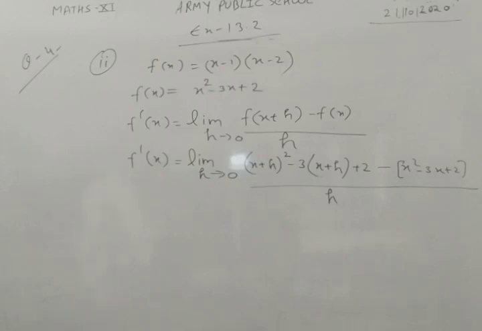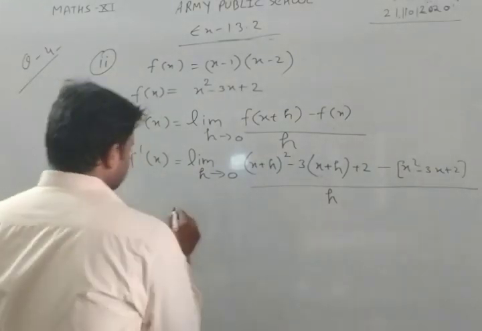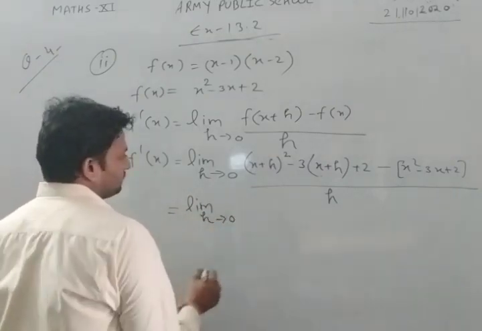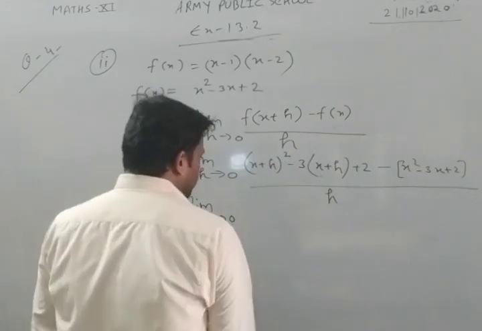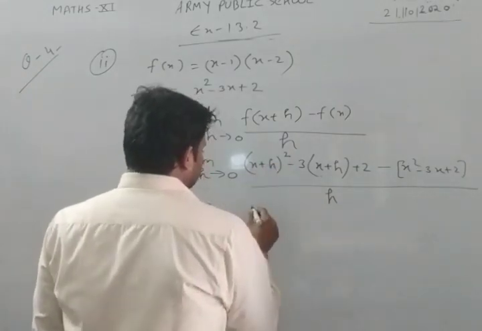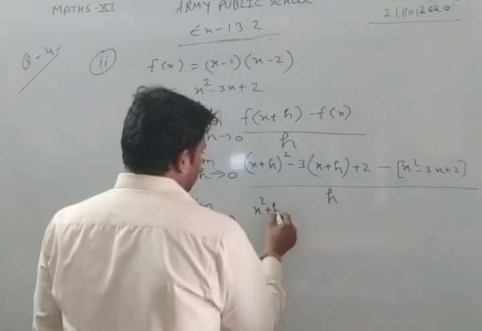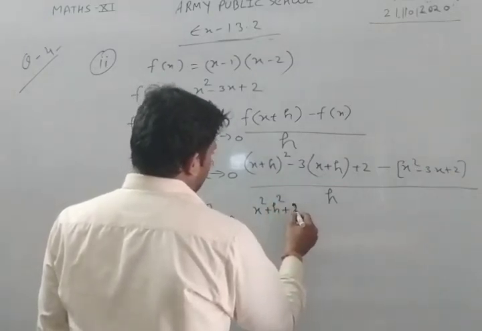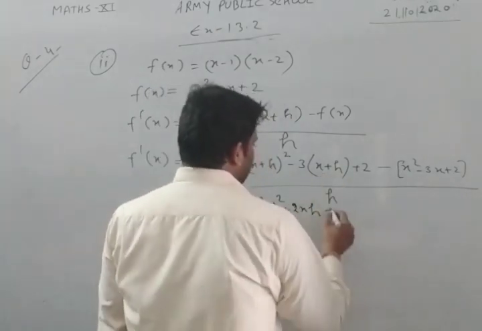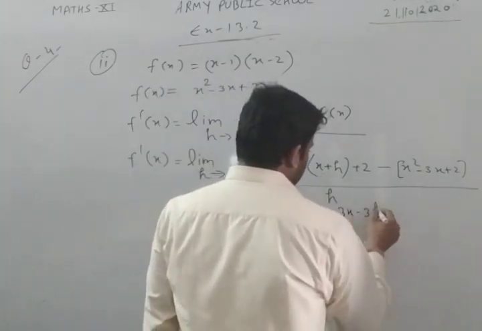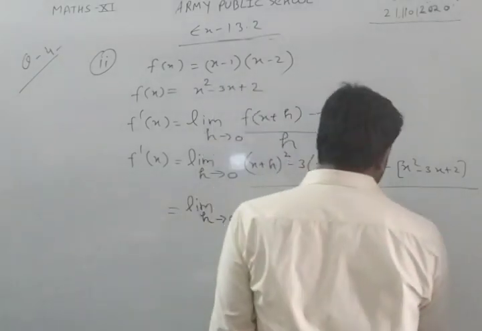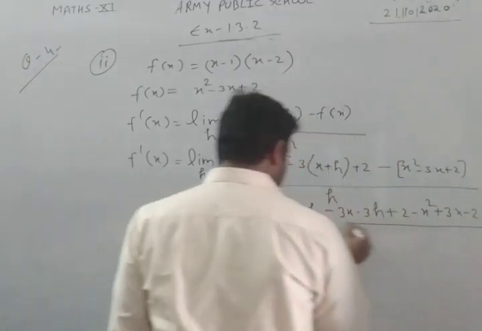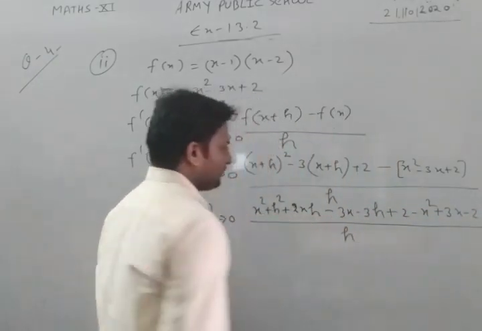Now what we will do, we will open this limit h tends to 0. This is x plus h whole square. So we write a square plus b square plus 2ab and minus 3x minus 3h plus 2 minus x square plus 3x minus 2 divided by h.